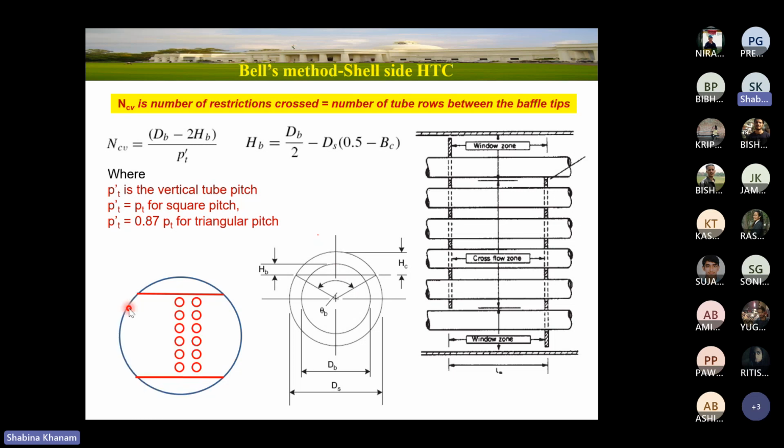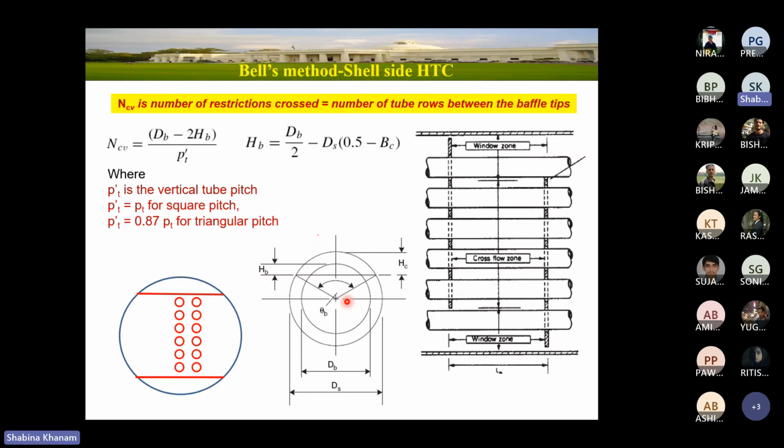What I'm trying to emphasize is, if you consider this bundle section which is in the window zone, Rw basically counts the number of tubes in this window zone divided by the total number of tubes in this bundle. Number of tubes in window zone divided by total number of tubes in bundle.